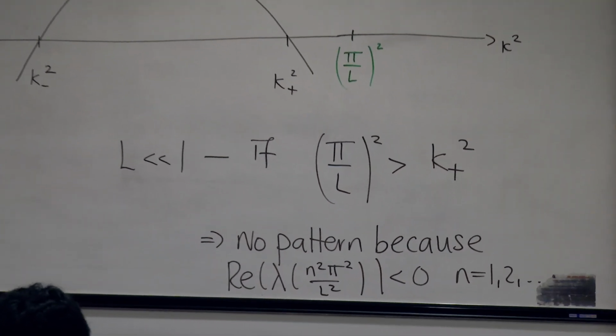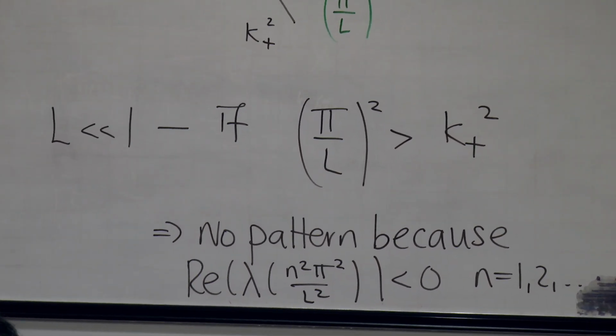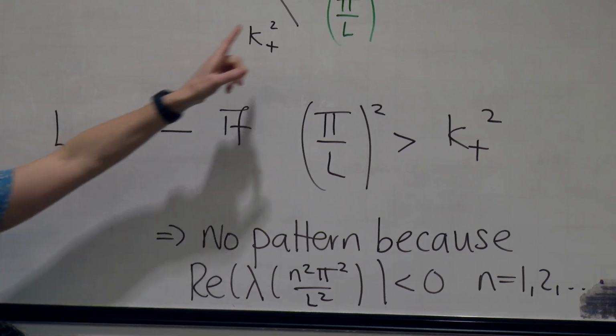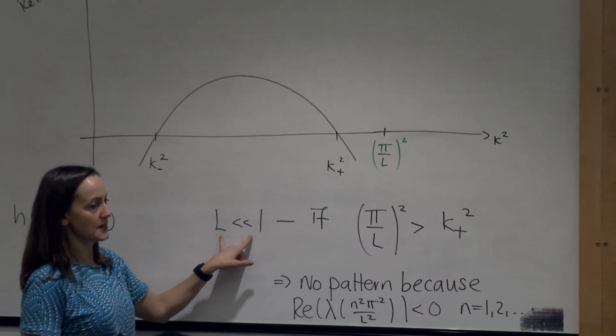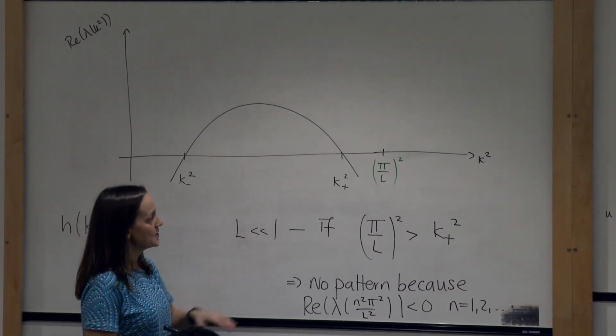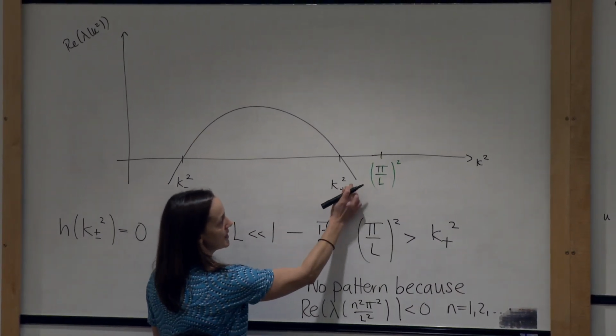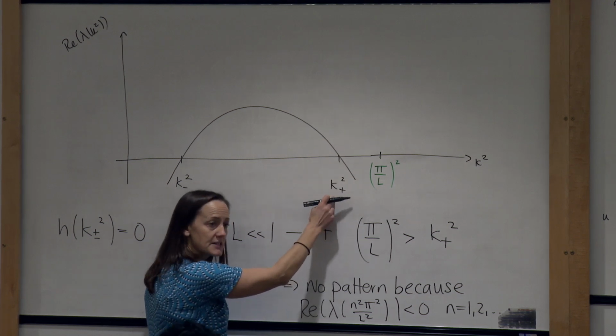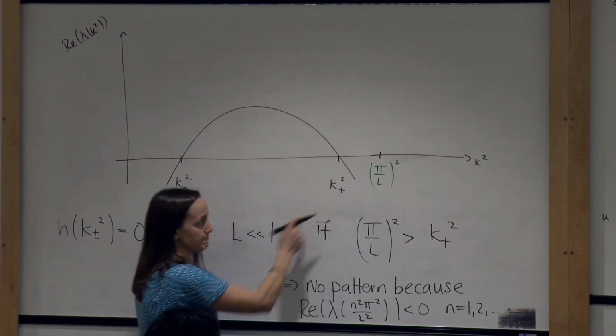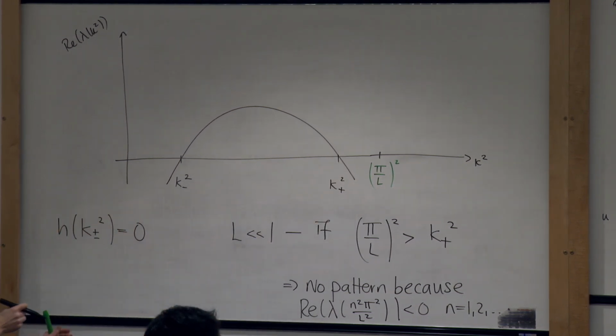In essence, I'm going to see a bifurcation to possible patterning as I start decreasing the domain size. So as I decrease the domain size till pi on L squared is equal to k plus squared, that's the bifurcation.